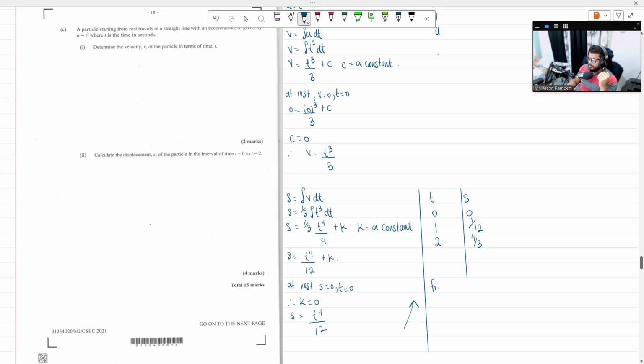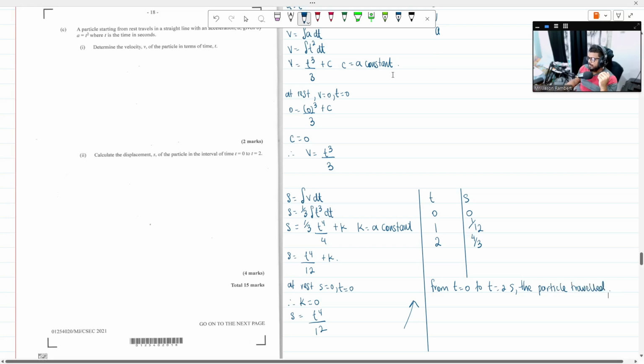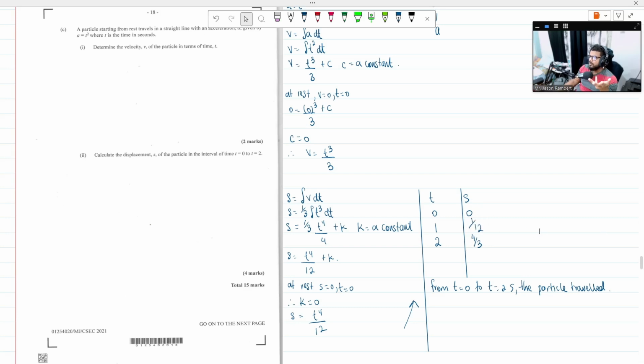So from t is equal to 0 to t is equal to 2 seconds, the particle traveled from here to here, 1/12 meters.